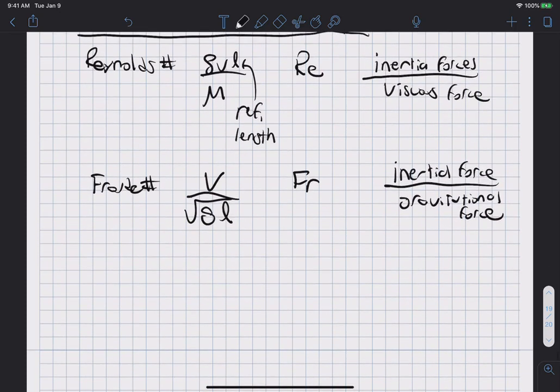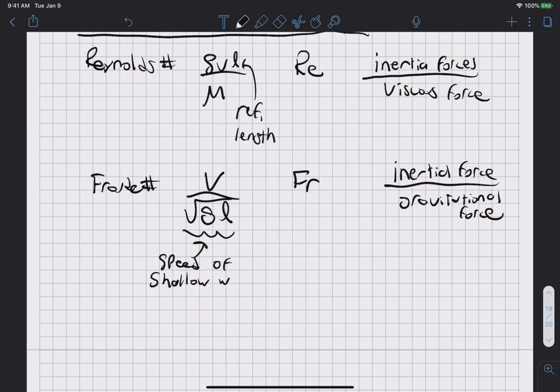But I don't like that description of it, because what the Froude number is, this is the speed of a shallow wave in a liquid.